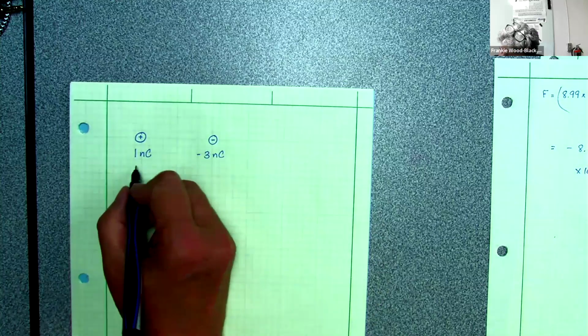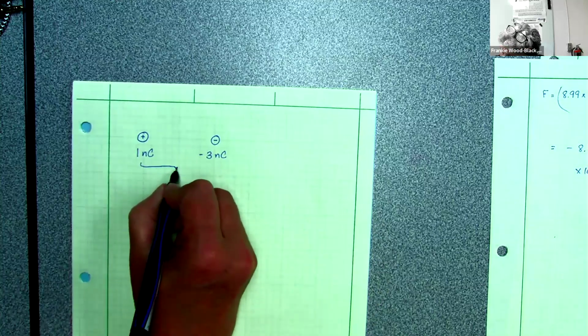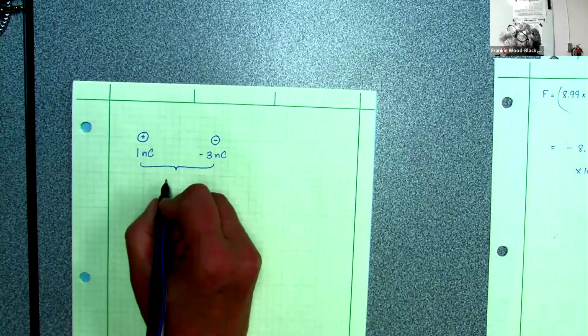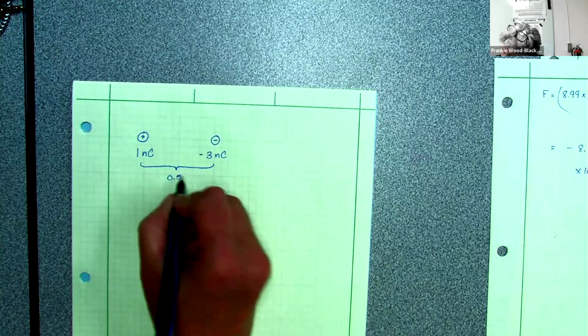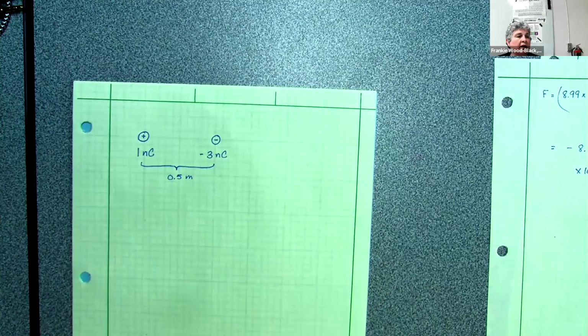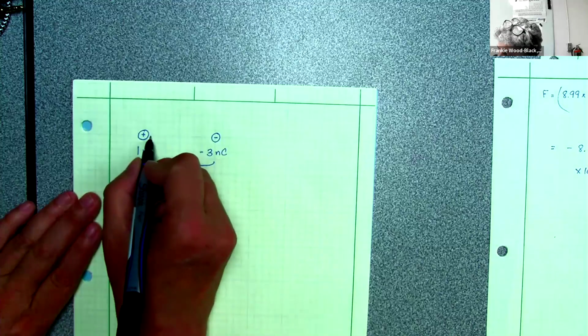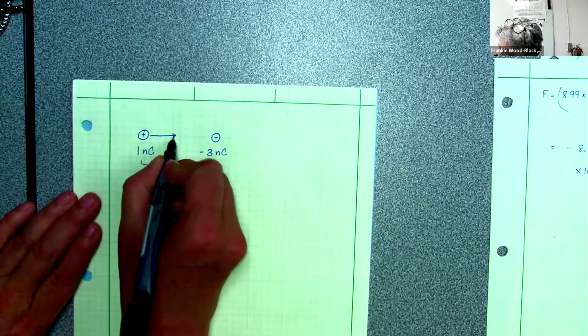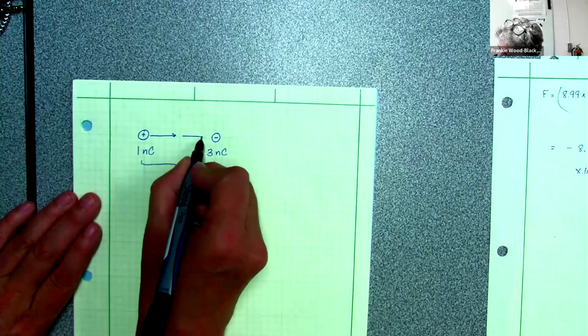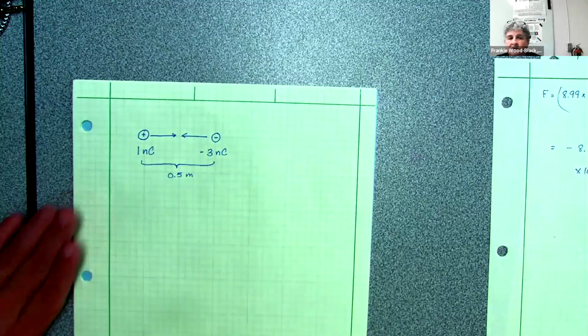And we're going to go ahead and say that we're going to space this at 0.5 meters. And this is totally arbitrary, all right? We've just put two things in here. And now one of the things that we want to do is if they're opposites, we know that this charge is going to be attracted to that one. And this charge is going to be attracted to this one.